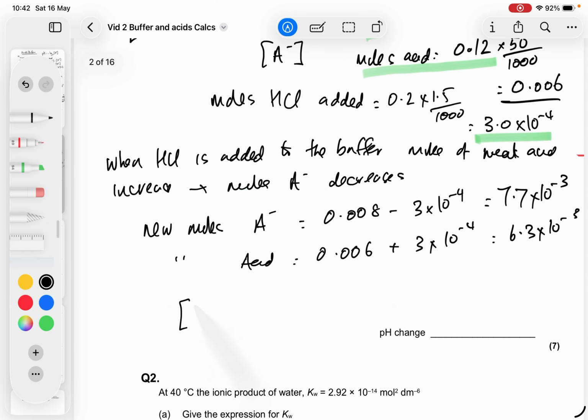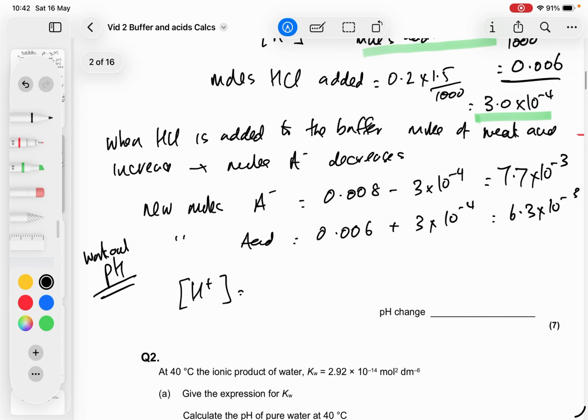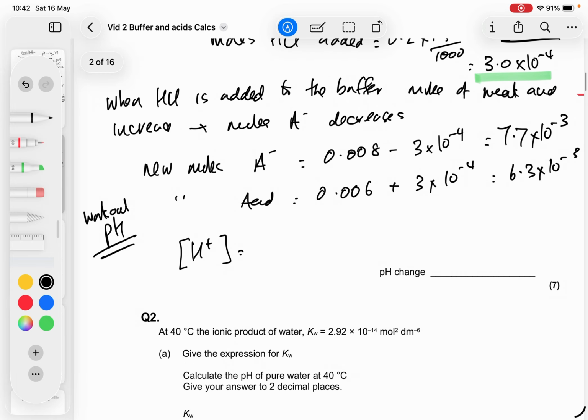Now H+, so now let's work out pH. Ka is given right at the top, 1.78 times 10 to the minus 5 times new concentration of the acid. I'm just going to do V. I don't need to work out the new concentration.